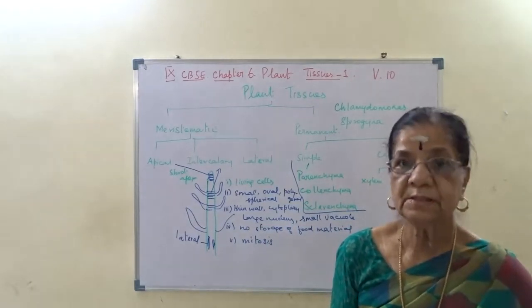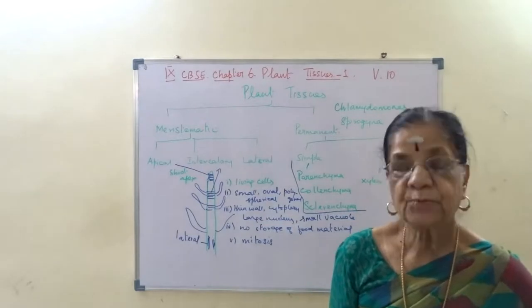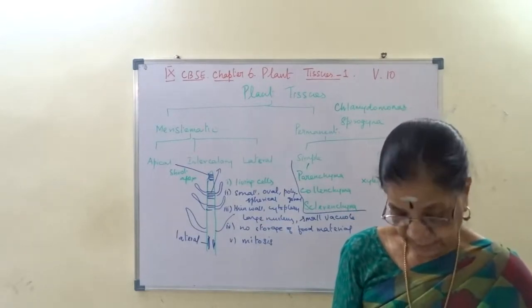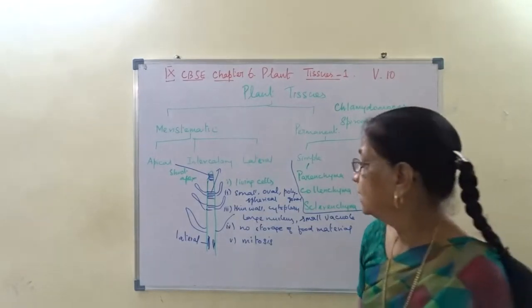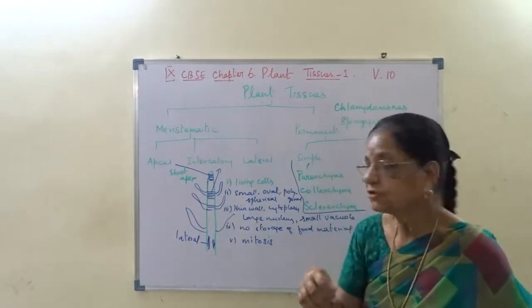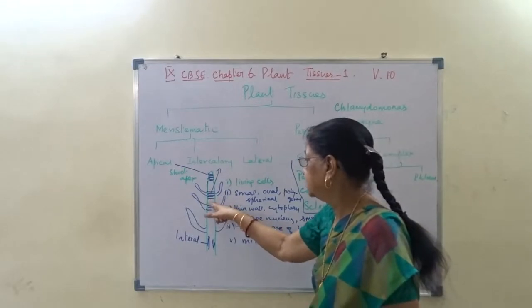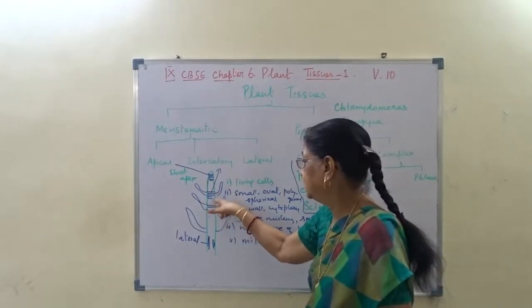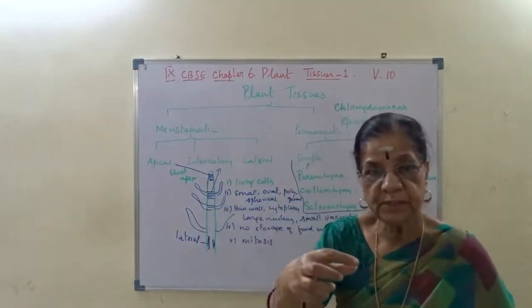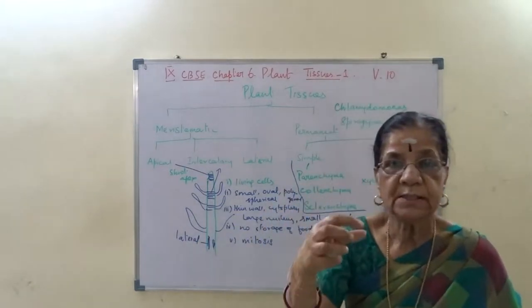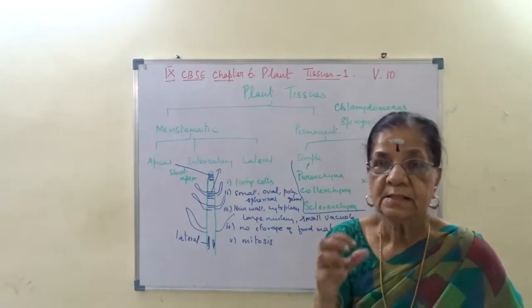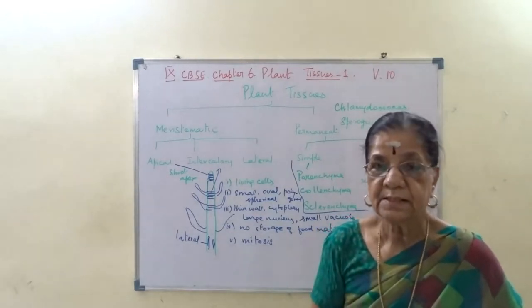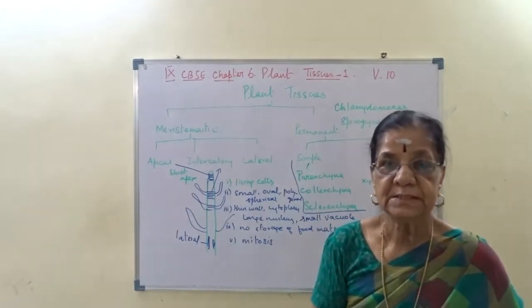It is found at the leaf base and base of the internode. The space between two nodes is called the internode. For example, in grass, intercalary meristem will be present.